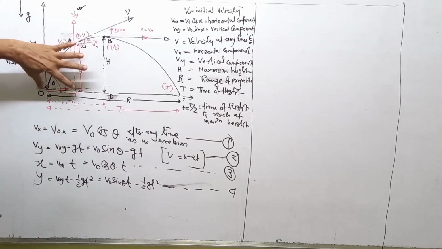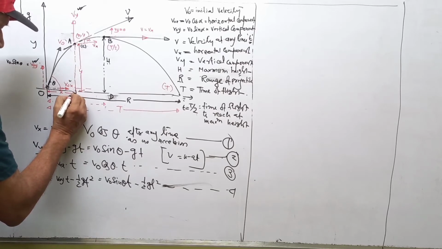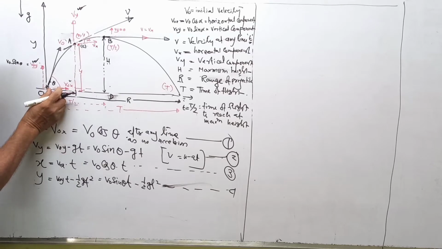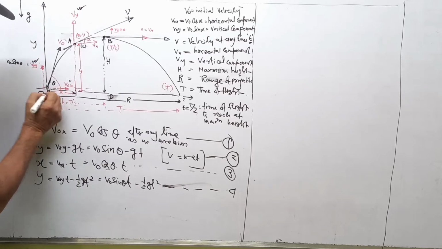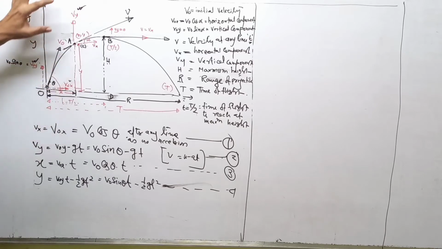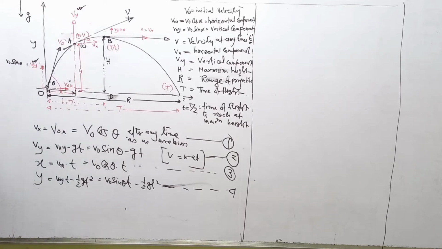Then the x distance covered, we have also obtained in terms of initial velocity and time. Similarly, we have got y also. This is my equation for velocity after time t and distance after time t.